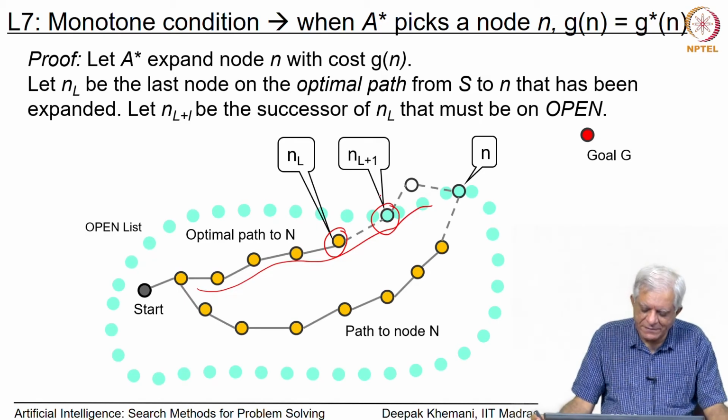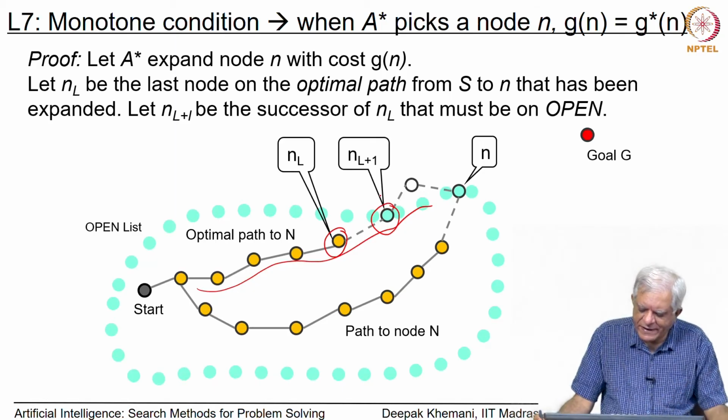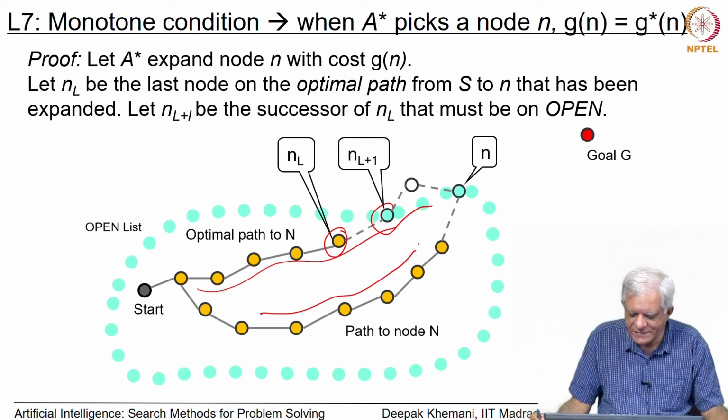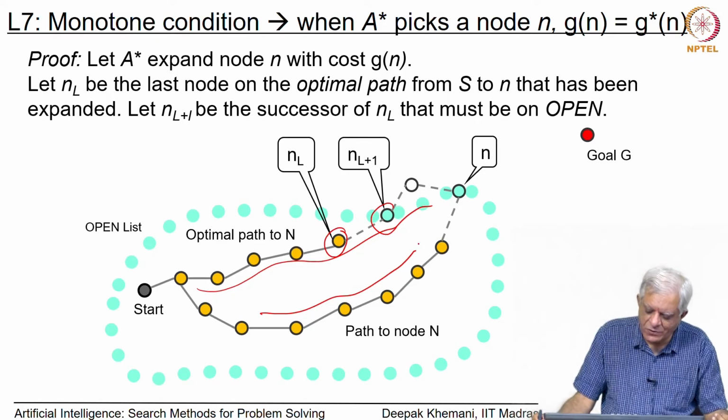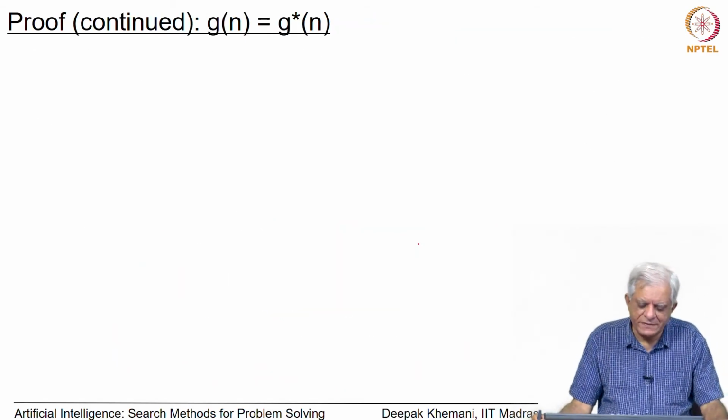N last has been expanded, but n last plus 1 has not been expanded, so it must be on open as well, because it is a child of a node that was expanded, and somehow A star is about to pick this node n. So, it has found some other path to n essentially, and we say that the cost of that path is g of n. Now, what we want to show is that g of n must be equal to the optimal path cost to n, which means that it should be equal to the other paths that we have drawn here. We want to show that g of n is equal to g star of n.